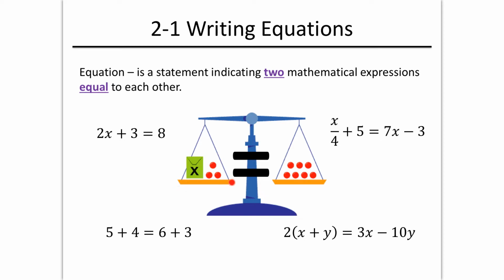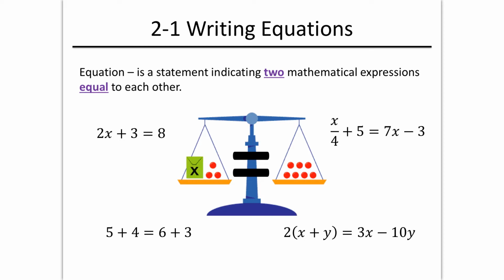So the weight on the left side of the scale is going to equal, you see the equal sign in the middle, the right side of the balance scale. Now we can use common sense on this one because we do have a picture, and the visual can help us find the answer. On the right side you see that we have a total of 7 red balls. On the left side, we see 3. So in order to make this equal to the right side, inside of the bag there has to be 4 red balls.